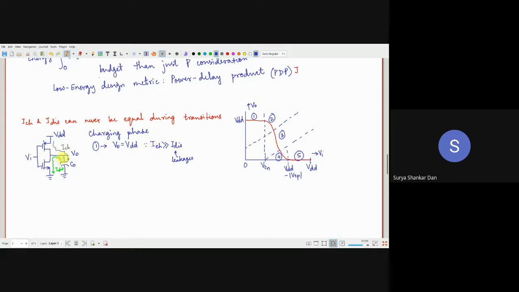So if there is even the slightest decrease in the value of VO from VDD, the I charging will immediately pull the output voltage to VDD. And this will go on in such a manner that you will hardly ever see any decrease of VDD in region 1. The VO will be stuck at VDD itself.